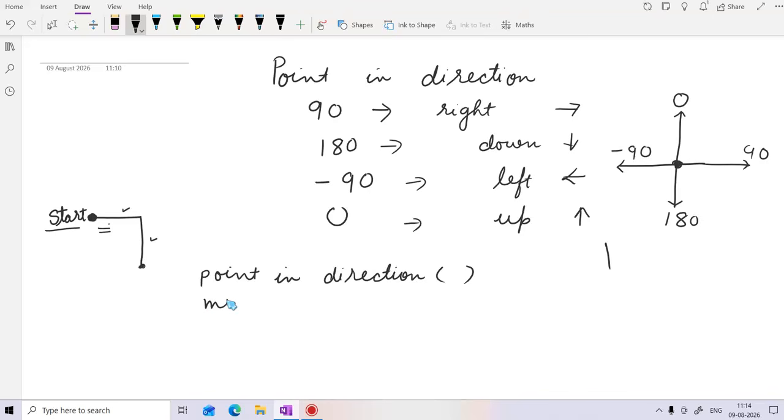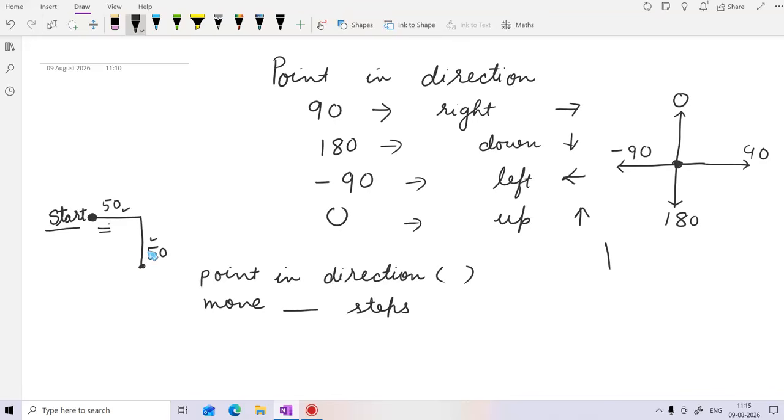And the second command is move steps. In exams, the line value will be given, for example 50. If it requires two lines, the main lines of commands will be four.